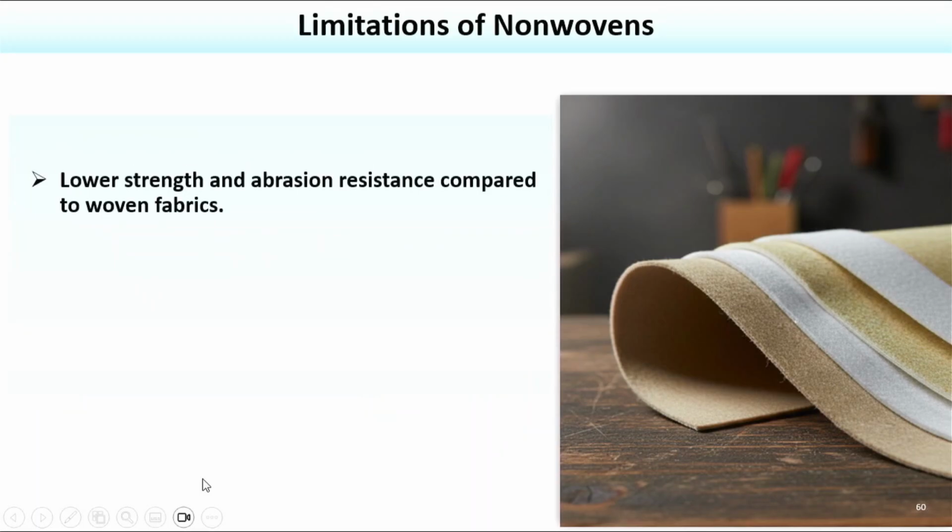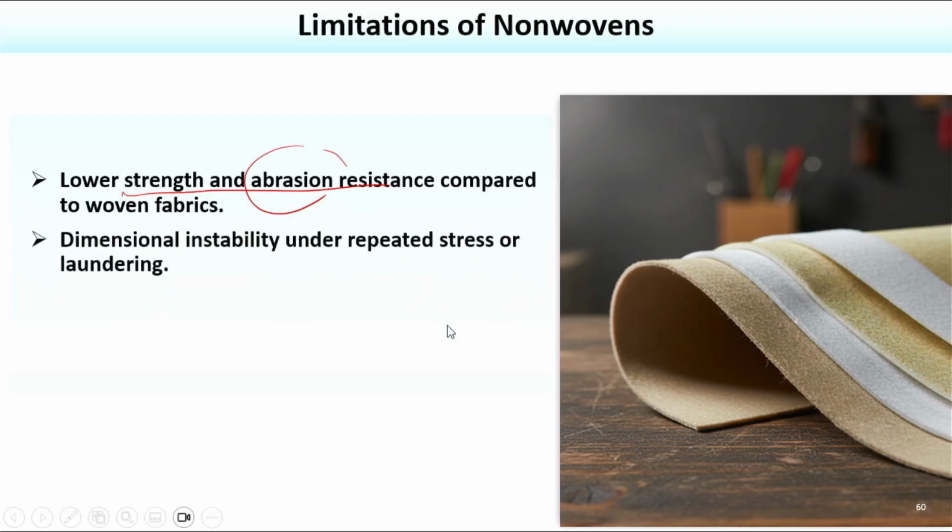The limitations are due to its low strength and abrasion resistance compared to woven fabric. So, it can get damaged due to abrasion quickly, and has poor dimensional stability under repeated stress or laundering.